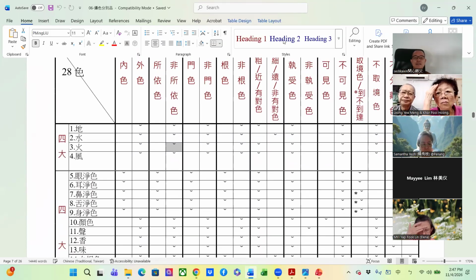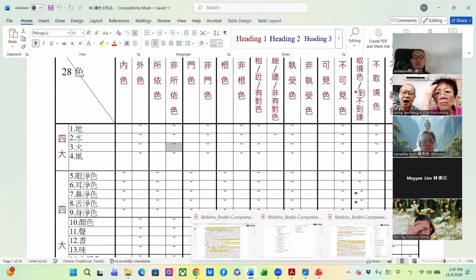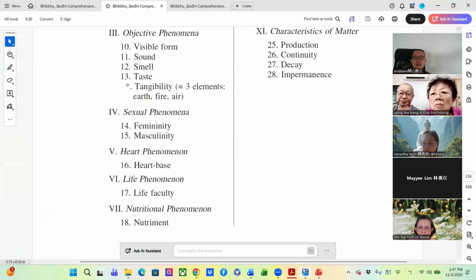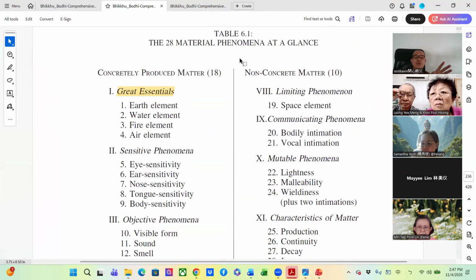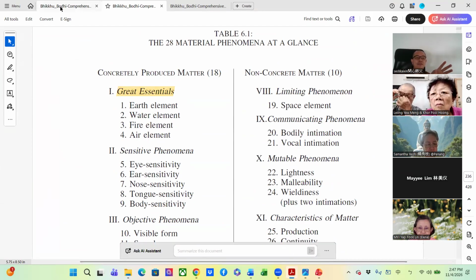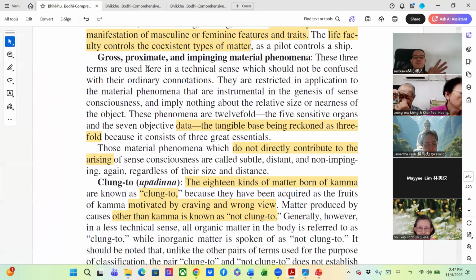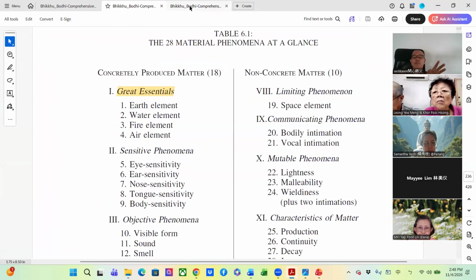Yes, class. So when we talk about the gross one, for this gross proximate impinging, meaning to say that there will be something directly involved to cause the arising of what?